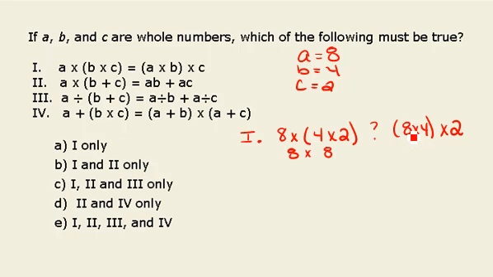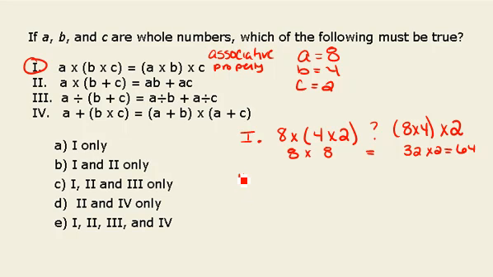On the right-hand side, we would take 8 times 4 first, getting 32, and 32 times 2 is also 64. Therefore, number 1 is a valid statement. We often call that property the associative property of multiplication, and it holds for all whole numbers.